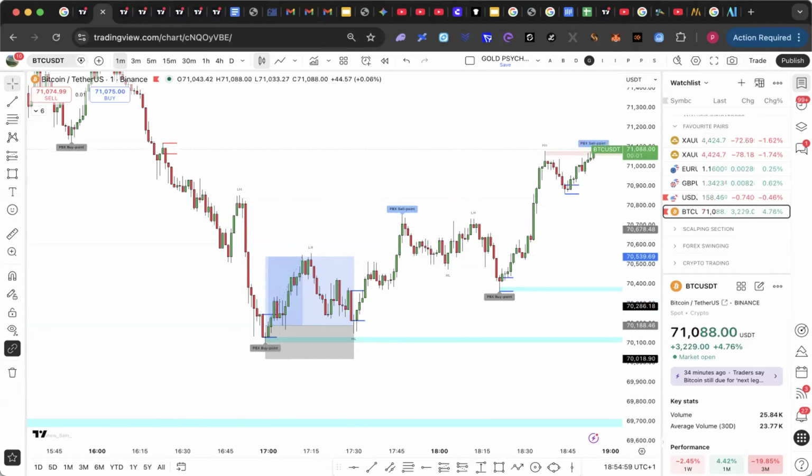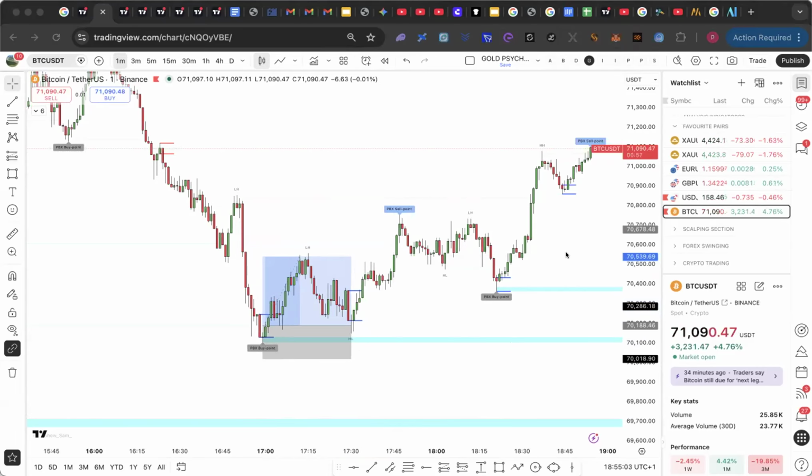So 0.05 times 500. Let's look at it. Ooh, that's $25. Too much. So that means you can use 0.01. So 0.01 multiplied by 500.